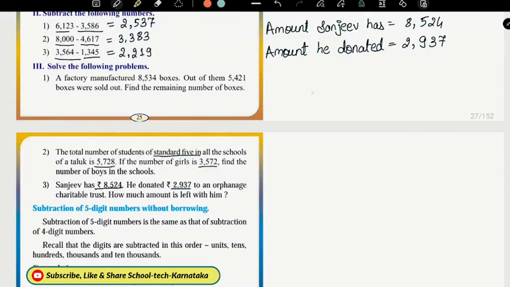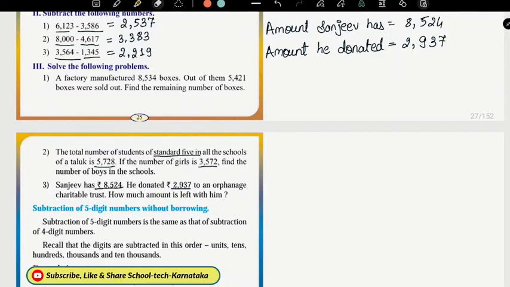So we can say this is the total amount that Sanjeev had and he donated this much of it. So this is the remaining amount that he has. To find this amount, what do we need to do? We need to subtract the amount that he donated from the total amount that Sanjeev had. If we subtract this, we get the amount that he is remaining with.